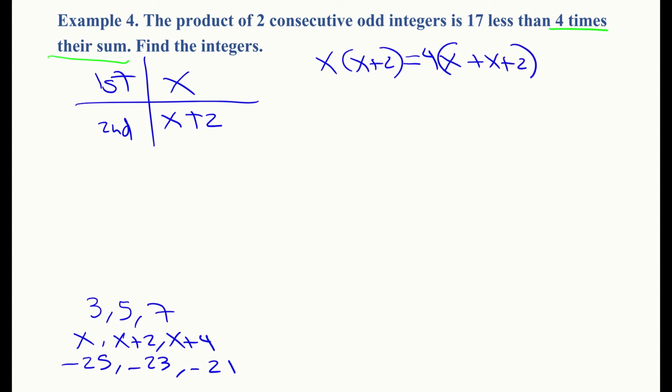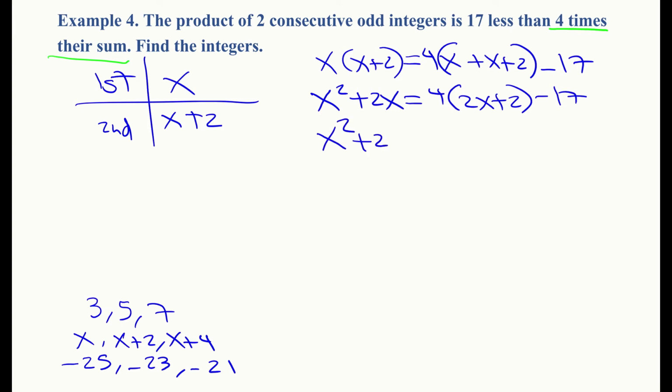Then we know that this product is 17 less than this expression here, so we have to go minus 17. And that's it. Now we just solve it. We get x squared plus 2x equals 4 times (2x plus 2) minus 17.